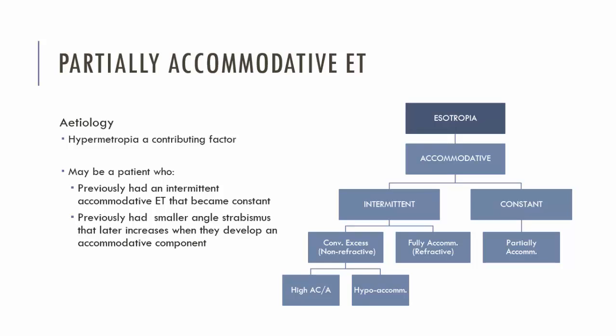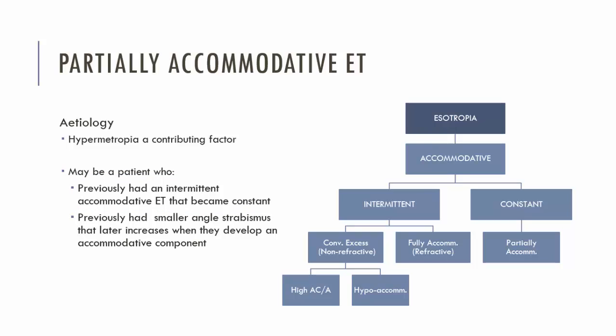is hypermetropia. It's also worth noting that patients who have a partially accommodative esotropia may have been patients who previously had an intermittent accommodative esotropia. So they may have had a fully accommodative esotropia or a convergence excess accommodative esotropia.